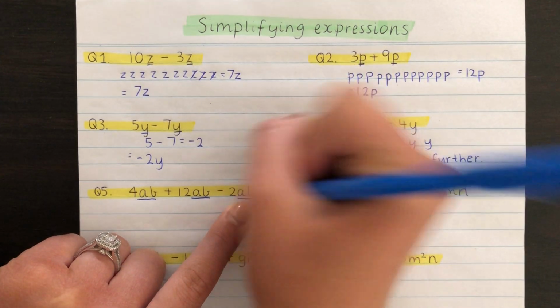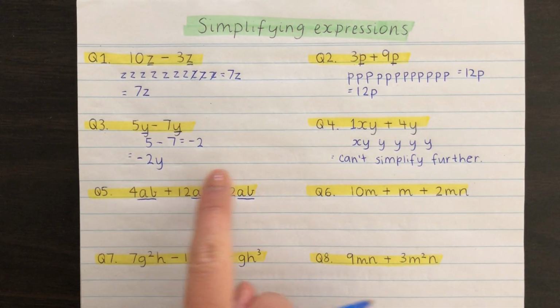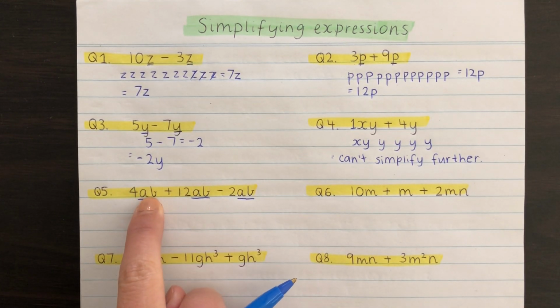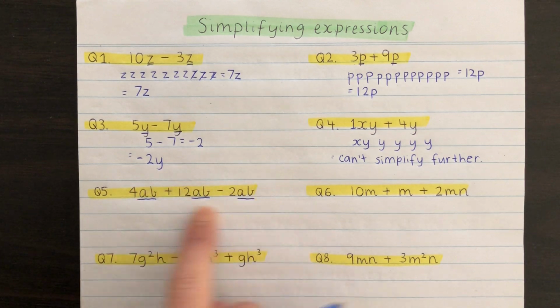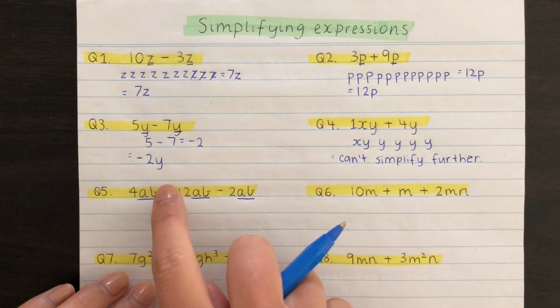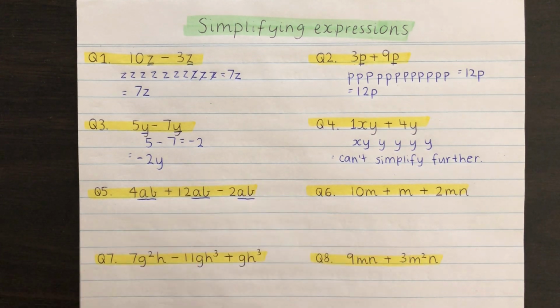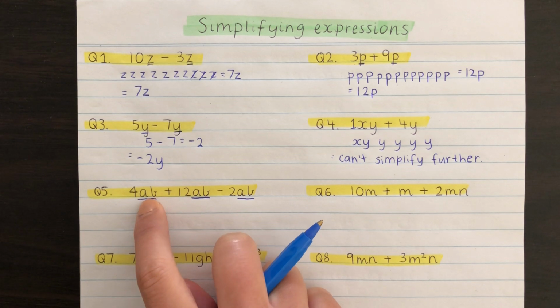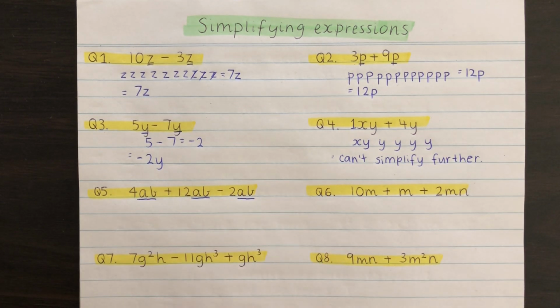Since all 3 terms have an ab in them, they're all like terms. So we can calculate an answer using all 3 of these terms because they all have ab on the end of them.